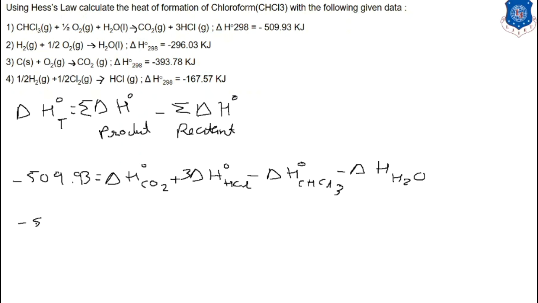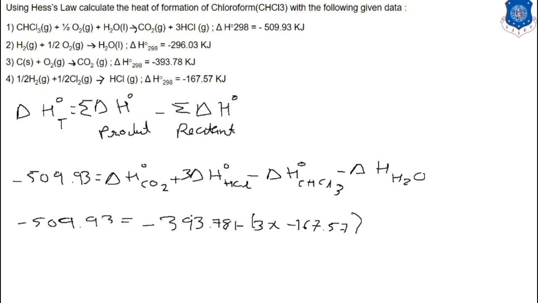Now let's put down the values for all these terms. Minus 509.93 is equal to delta H naught for CO2, which is minus 393.78, plus 3HCl, so we multiply by 3 with the HCl formation, which is minus 167.57.